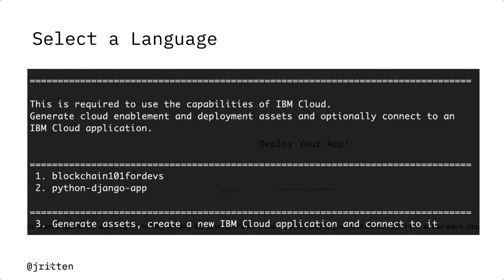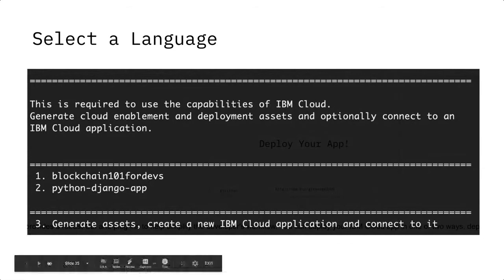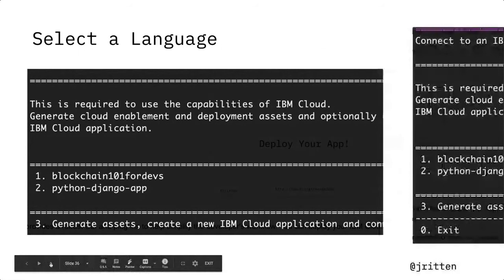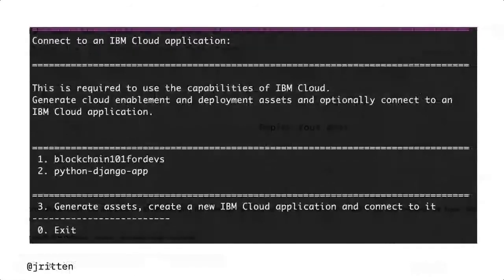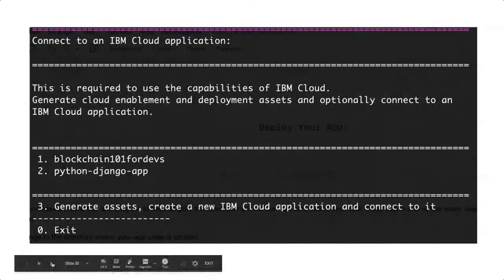This is the IBM Cloud application that was created when I enabled the toolchain in my application. So I would select two. To connect to your IBM Cloud application, I would select the second option here, selecting my Python Django app from my IBM Cloud applications.